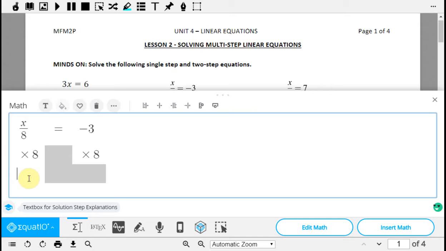So remember that when I multiply after dividing, that's the opposite operation. So I'm basically canceling the 8, so I'm left with x. Or I could say that 1 over 8 times 8 is 1. And that equals -3 times 8, which is -24.